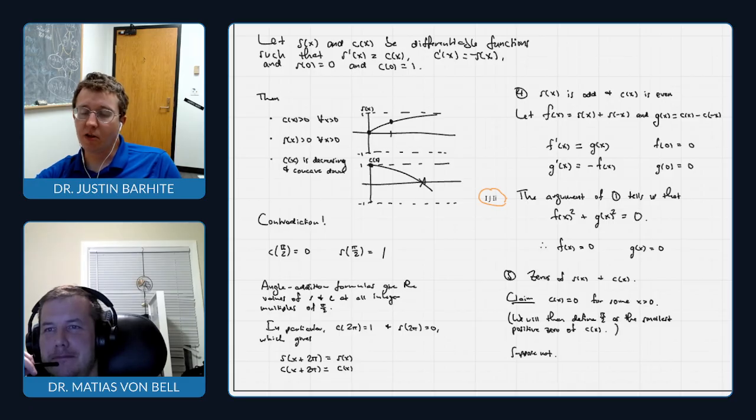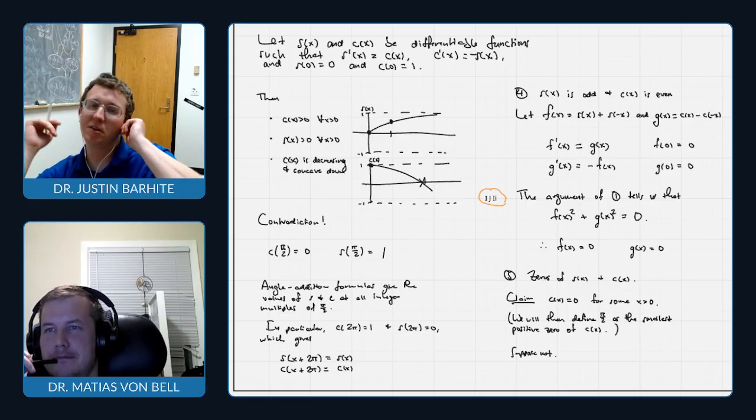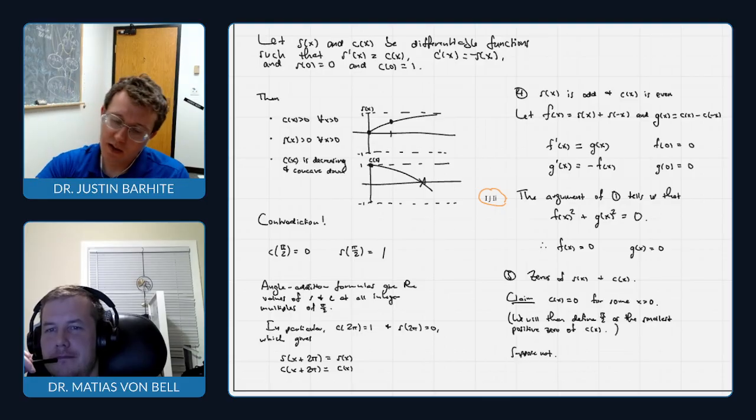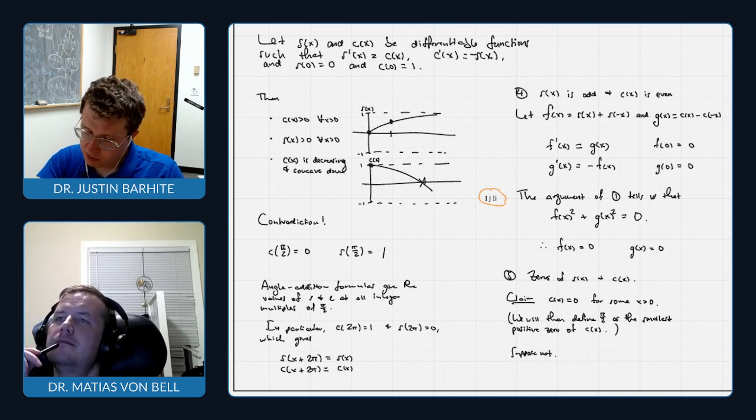Like I know that C of x doesn't have any smaller zeros by definition. Pi over 2 I've defined as the smallest zero. I also know that S of x doesn't have any zeros between 0 and pi over 2. So I guess on my graph, pi over 2 is like right here. I know that S of x is not 0 here.